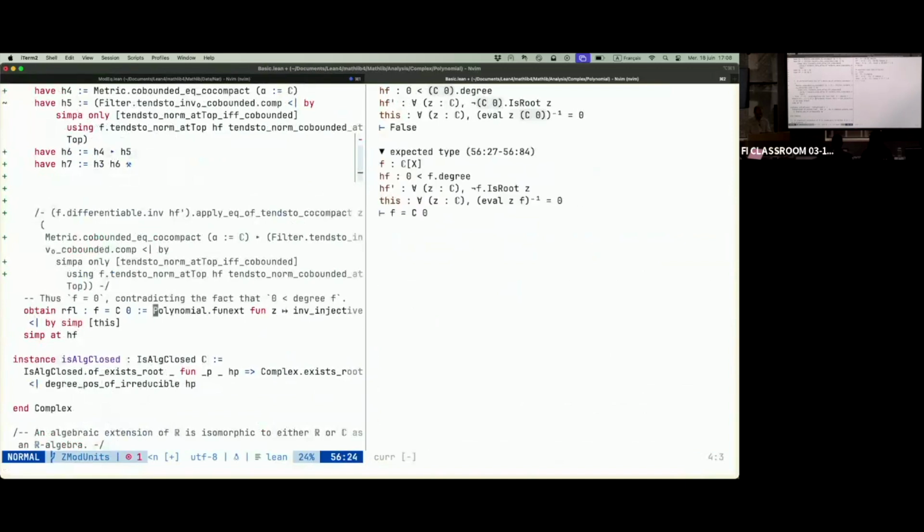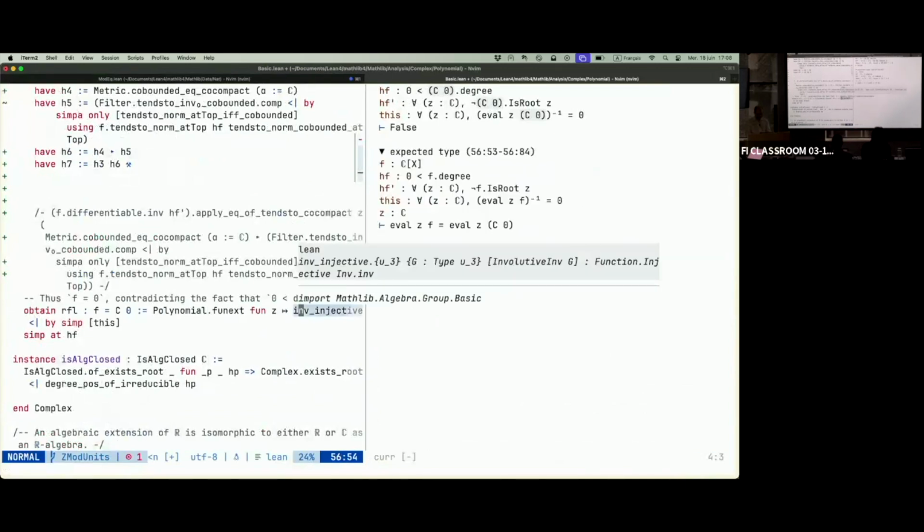And now there is something, that the inverse is injective. The function inverse is injective. So this is the inverse function of Mathlib. It sends a complex number to its inverse if the number is non-zero, and it sends 0 to 0. That's even bijective.